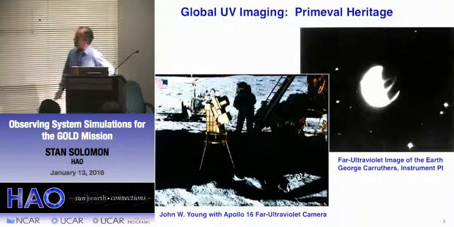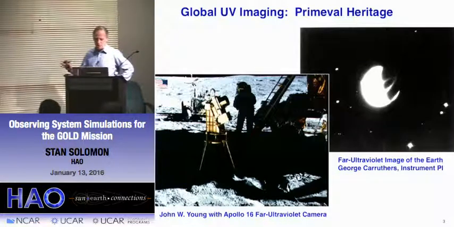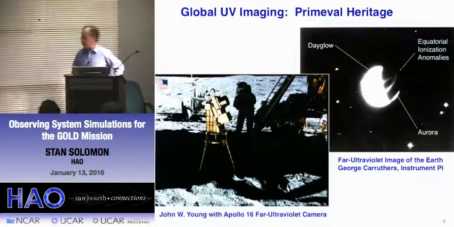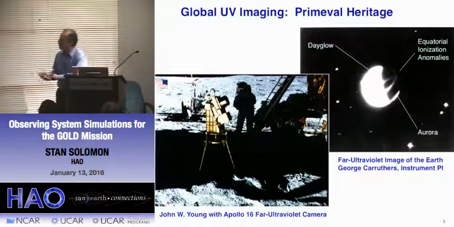And it's an iconic image because it's a very old type of technology, actually an intensified imager with film. But it's taking images in the far ultraviolet, the region from about 1,000 angstroms to 2,000 angstroms, just longward of Lyman alpha, and even in this very low resolution image from far away, you can see the basic features of the far ultraviolet airglow, which are diagnostic of particular processes in the Earth's upper atmosphere.